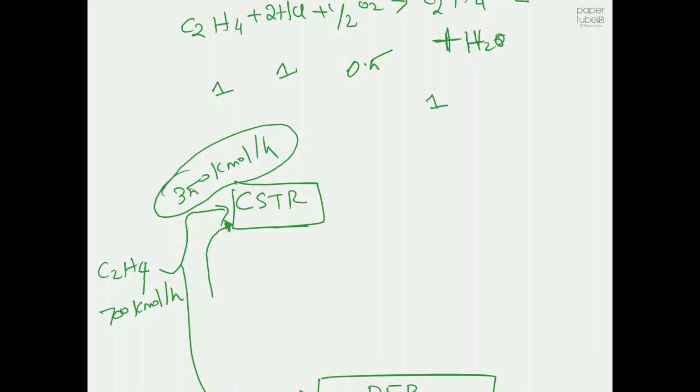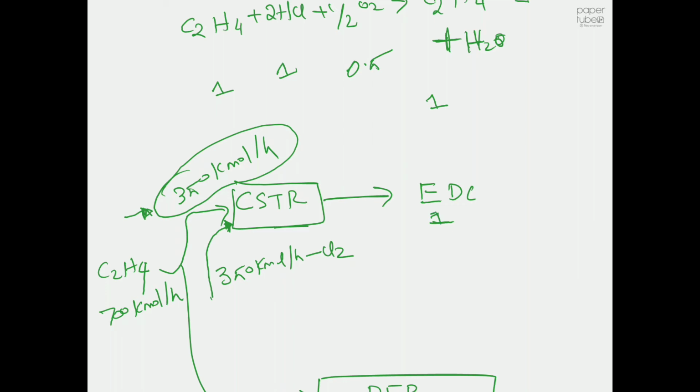Let me write it instead of talking. So this is your chlorine, and we maintain that ratio, 1 mole of ethylene and 1 mole of chlorine, which should give 1 mole of ethylene dichloride.